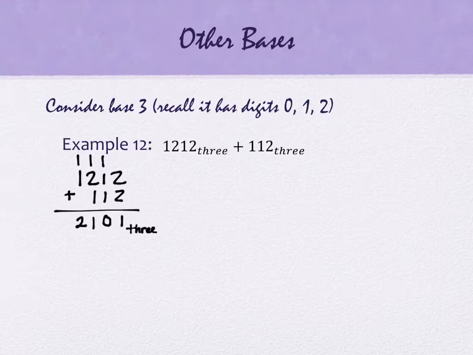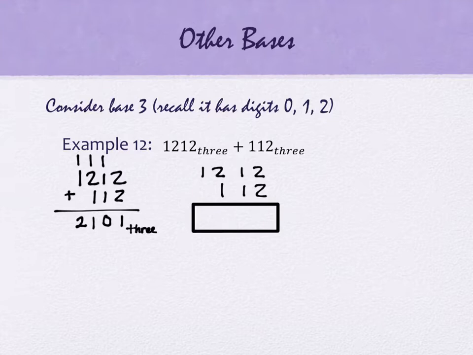I'm going to do lattice for the other one on this one. 1212 plus 112. Okay, so remember what the lattice diagram does is it splits the place values. So the top corner is the 3s, the bottom corner is the 1s, because we're working in base 3. I can move from left to right if I wish. This is just the number 1.